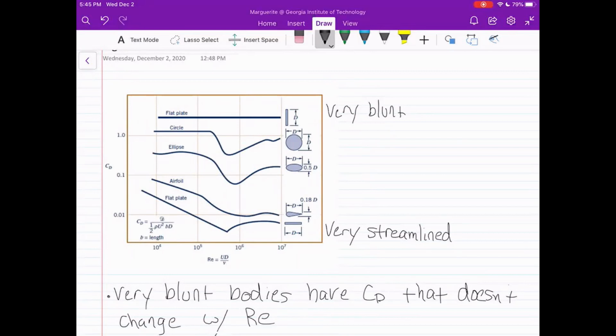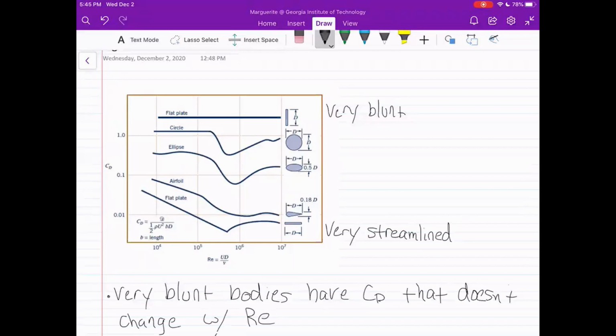So for an airfoil, it doesn't separate as easily. I'm trying to think if it would be laminar or turbulent. Actually, you're leading me right into my next point. Good transition question.